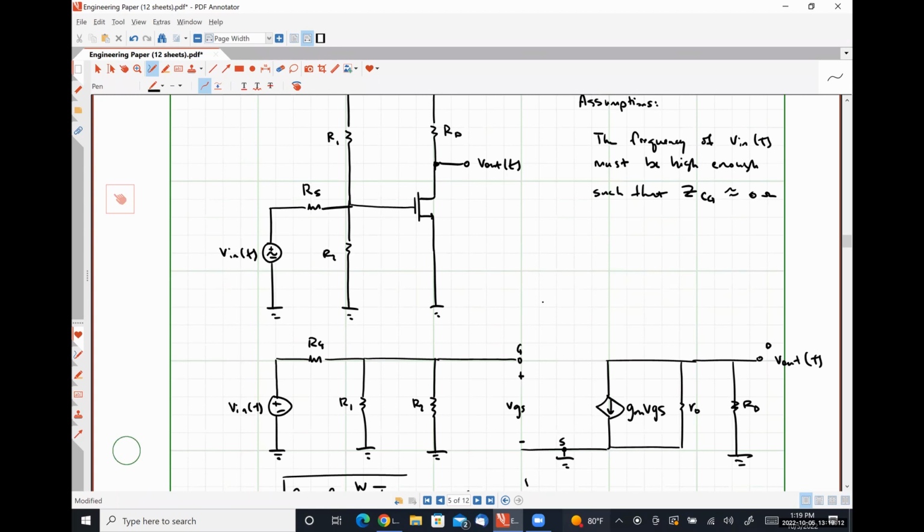So what level of design goes into this? Okay.